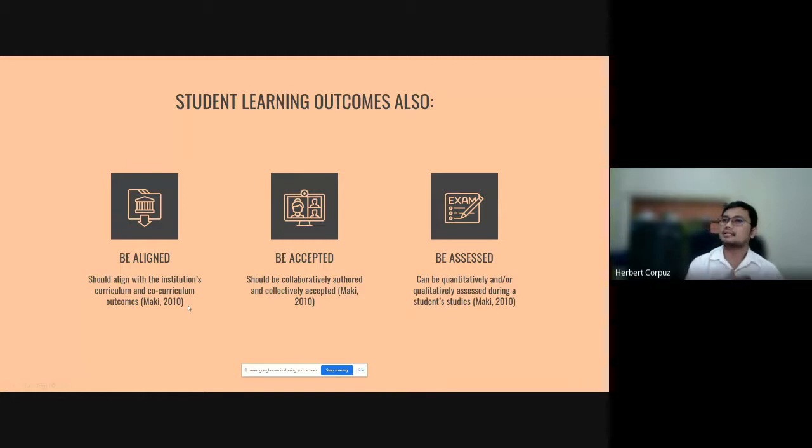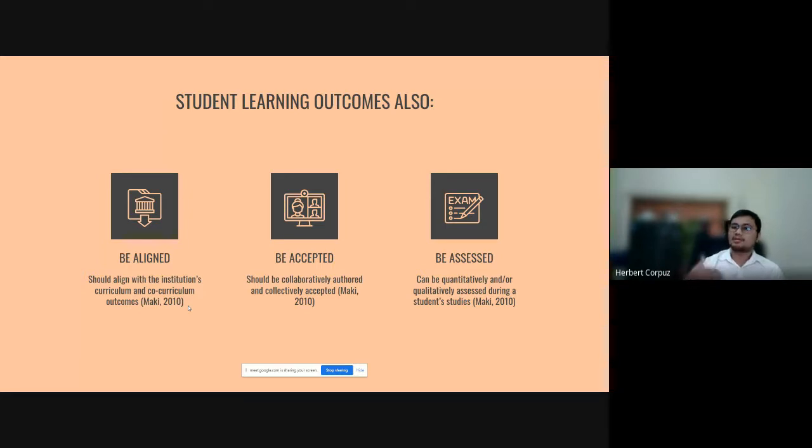So that's why we said in our previous discussion, the intended learning outcomes of our course should be aligned with the program learning outcomes of teacher education, and that the program learning outcomes of teacher education in USL should also be aligned with the institutional learning outcomes or ILOs. So we have the institutional learning outcomes. Then after the institutional learning outcomes or ILOs, we have the program learning outcomes.